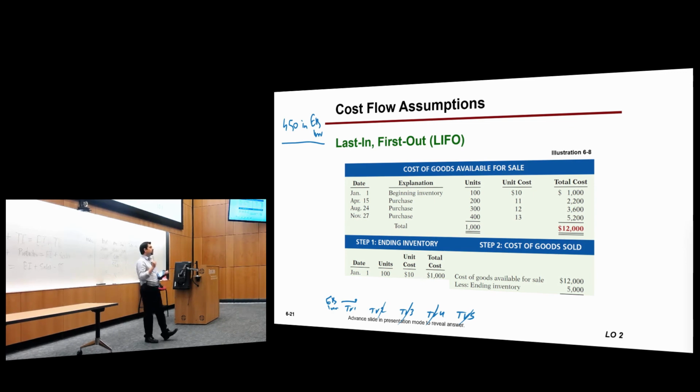Because we sold the latest ones, the ones that are going to remain in our warehouse will be the earliest purchases. So you start from the beginning, from the earliest ones, and you move forward. So this is how we calculate the ending balance of inventory.